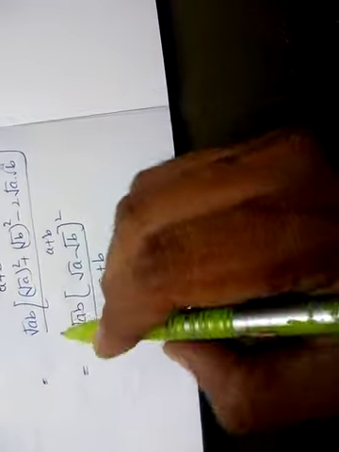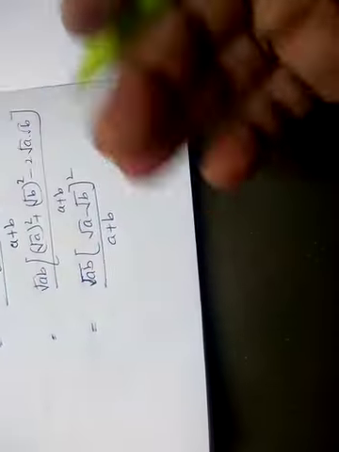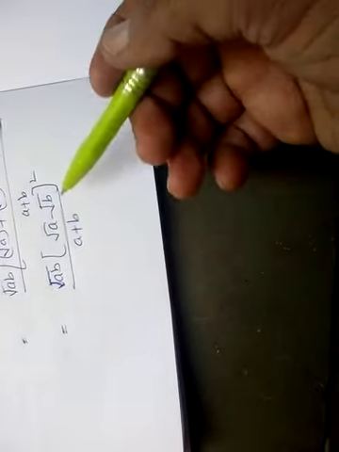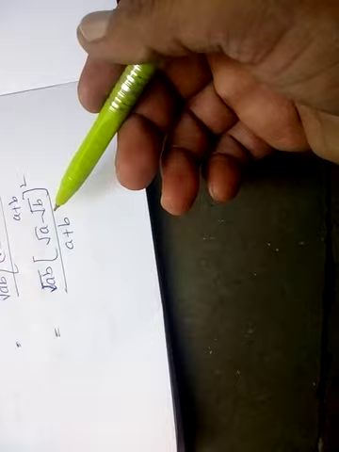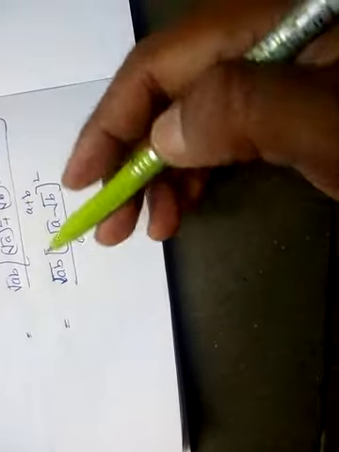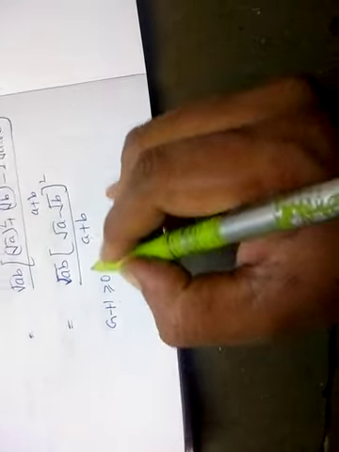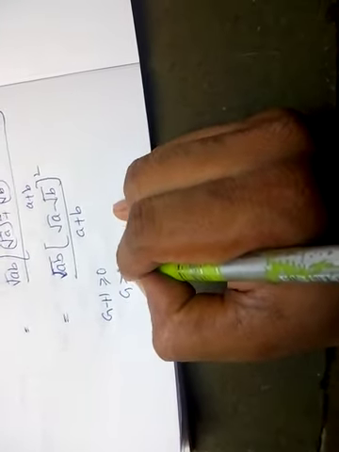Here also a square is there, and A, B are positive numbers, so this total result becomes positive. If A is equal to B, both are equal, then the result is 0, otherwise we get positive only. So that's why G minus H is greater than or equal to 0. So from this one, G greater than or equal to H.